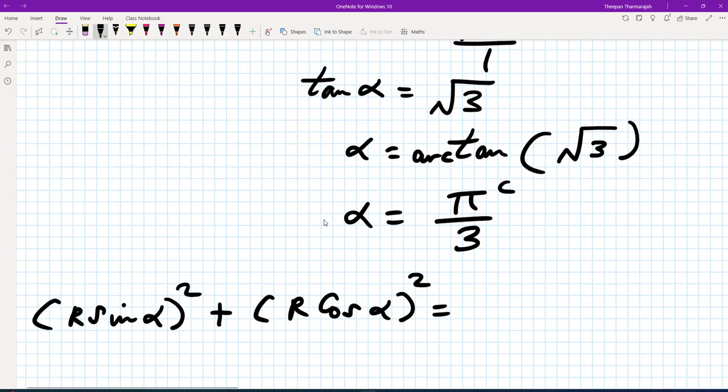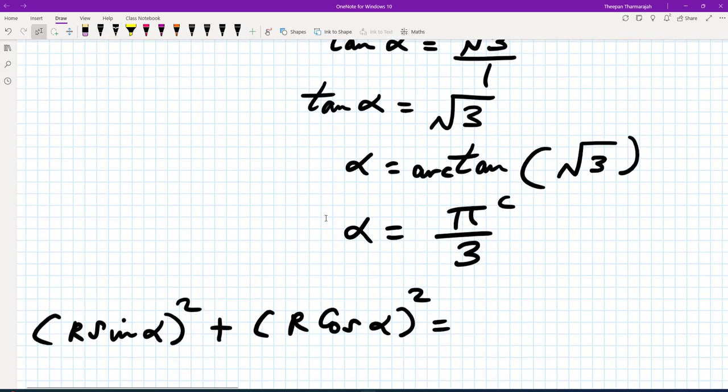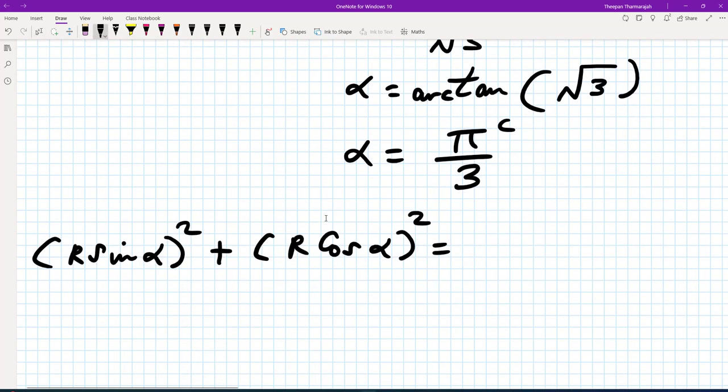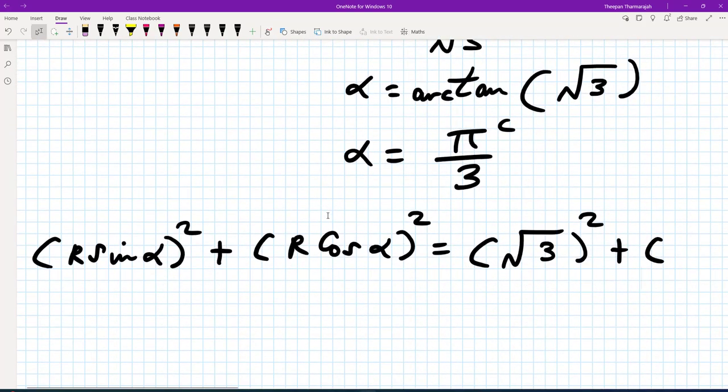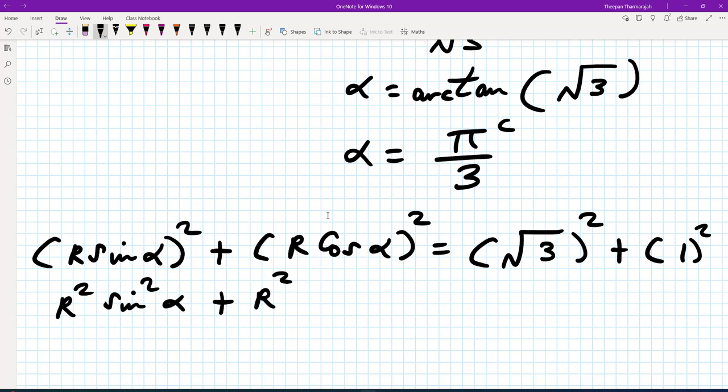And don't forget, we got r sine alpha to be root 3, so it's root 3 squared, plus we said that r cos alpha was 1, so we can say r squared sine squared alpha plus r squared cos squared alpha is going to be 3 plus 1.